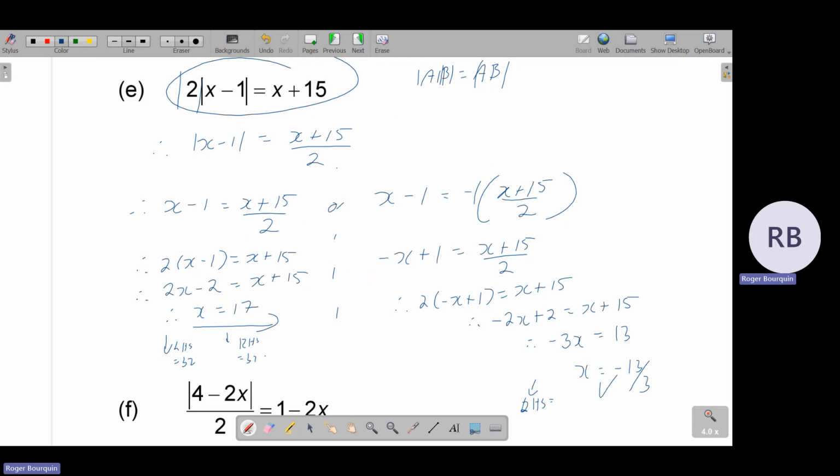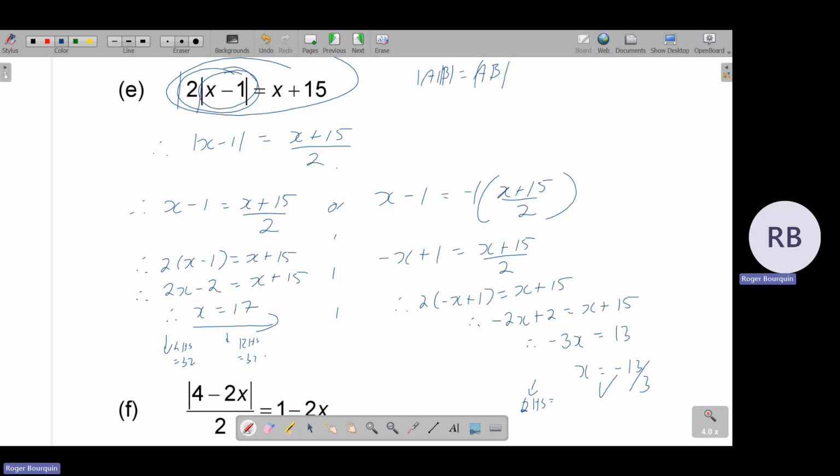But just check it. If I was working this left-hand side out on the calculator, this is what I would do. I'd go -13 over 3 minus 1 equals. What do you get, Bianca? -16 over 3, but it's an absolute value, right?